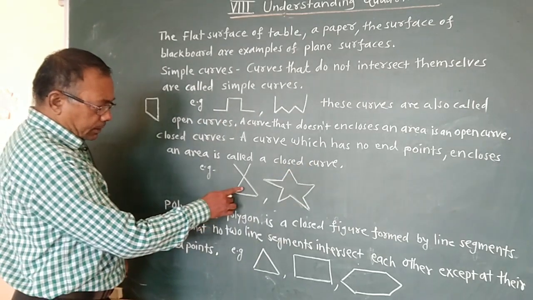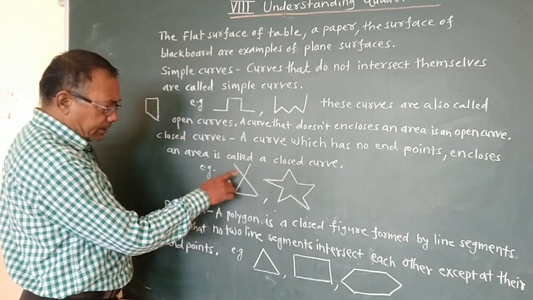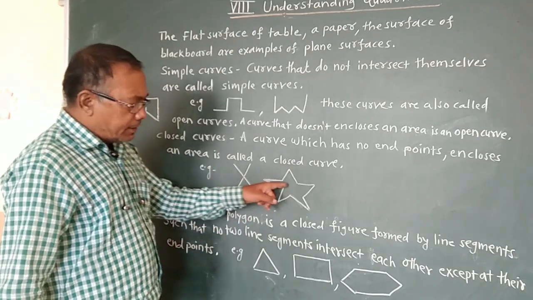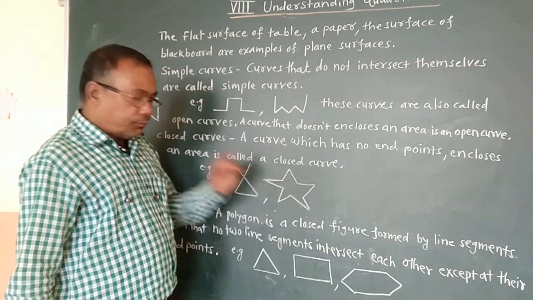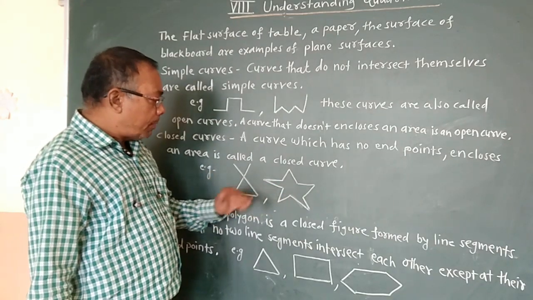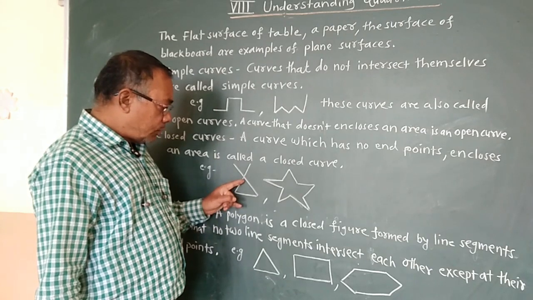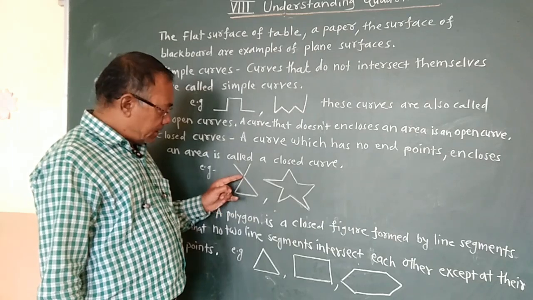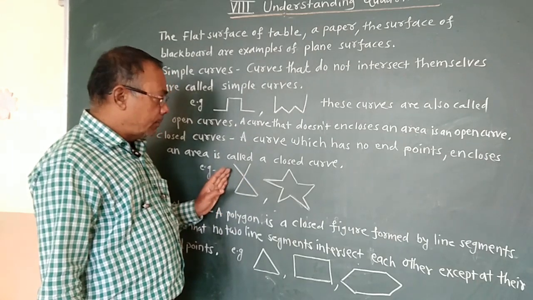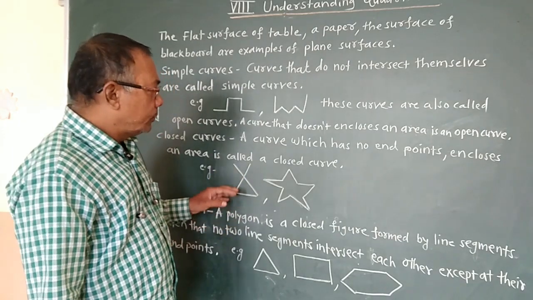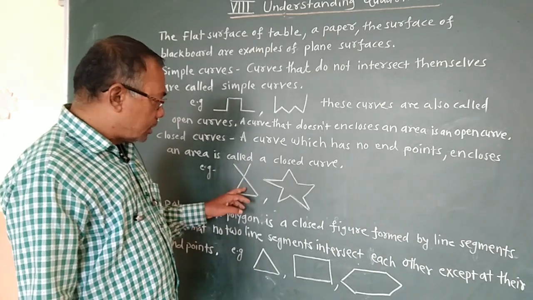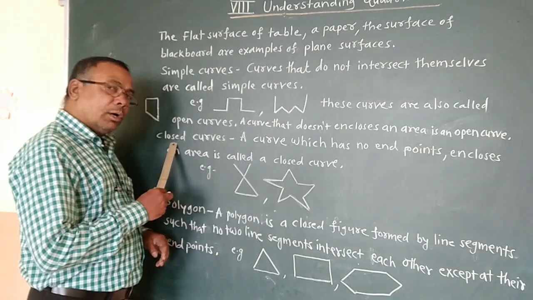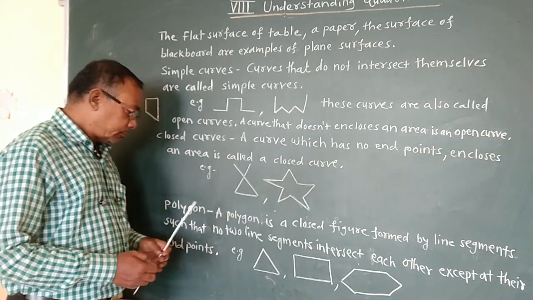Here the two line segments of these curves intersect each other, while in this curve there is no open space. Here also these two line segments are intersecting in a point, and therefore these two curves are not open, so this is called a closed curve.